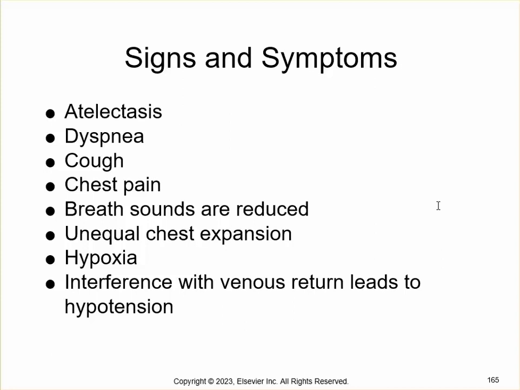The lung collapses, you have difficulty breathing, cough, chest pain, breath sounds reduced on that side, unequal chest expansion, hypoxia, interference with venous return, and so you end up with hypotension and distended veins, especially in the neck.